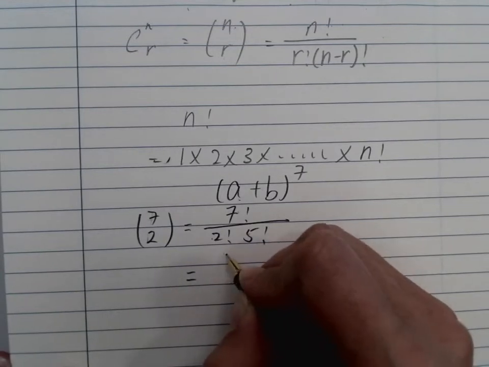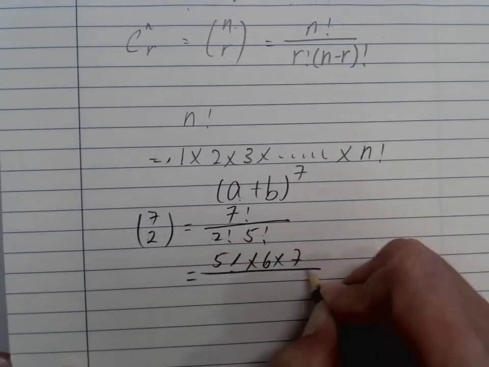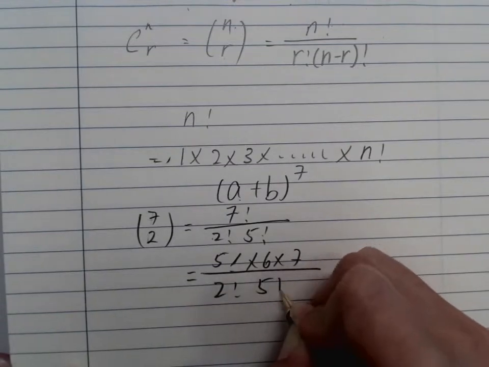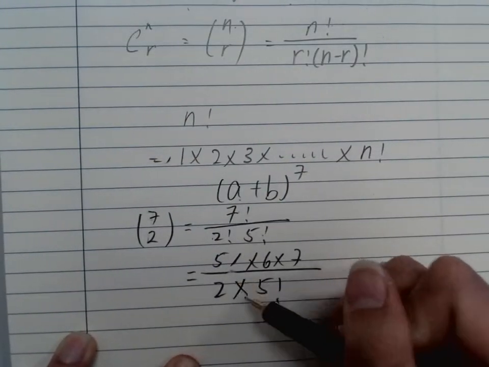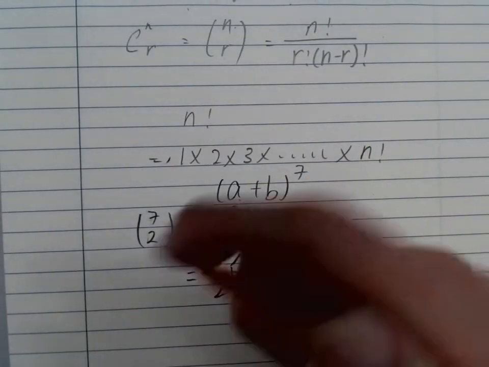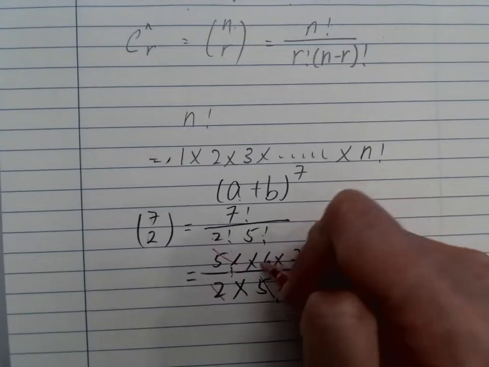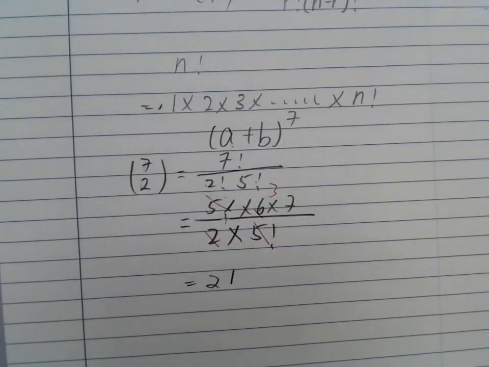And then we have 7 factorial over 2 factorial times 5 factorial, which is 5 factorial times 6 times 7 over 2 factorial times 5 factorial. 2 factorial is 2, so we can cancel the factorials out, and the number is 21. You can also use your calculator for it.